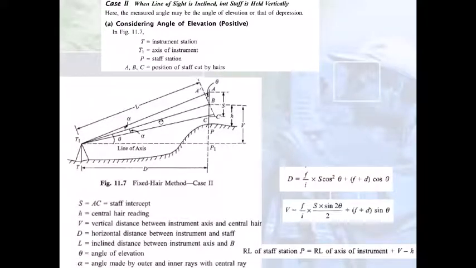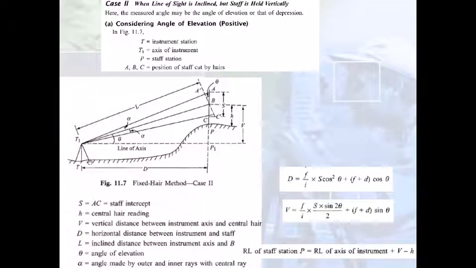So, which is usually how we perform this. We'll get to the third case where instead of the leveling staff being held vertical, it is held perpendicular to the line of sight. But we'll get to that. In this case, the leveling staff is held vertical.